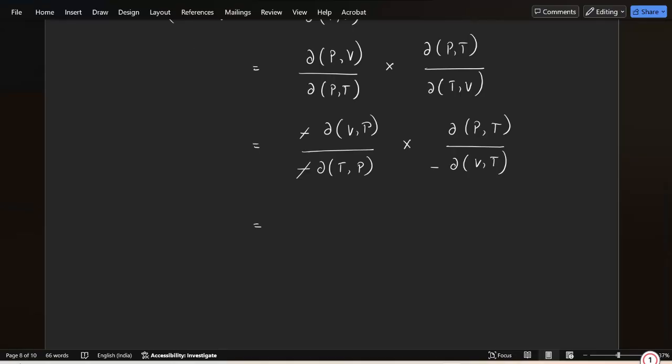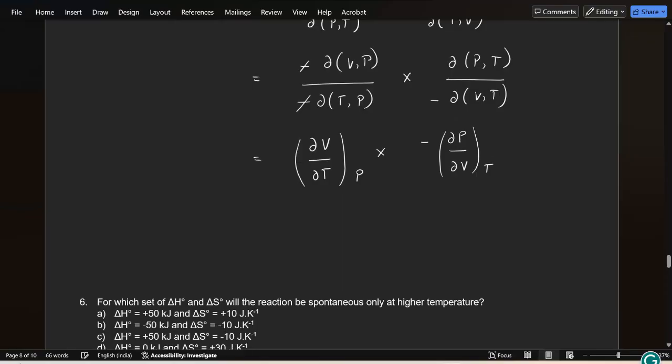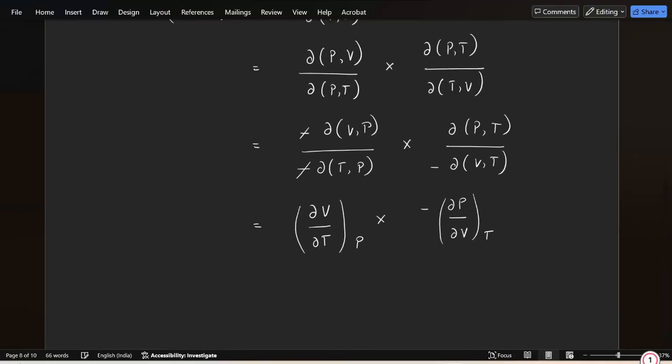Now this can be written as del V by del T at constant pressure, V numerator, T denominator, into minus del P by del V at constant temperature, into del P by del T at constant volume.